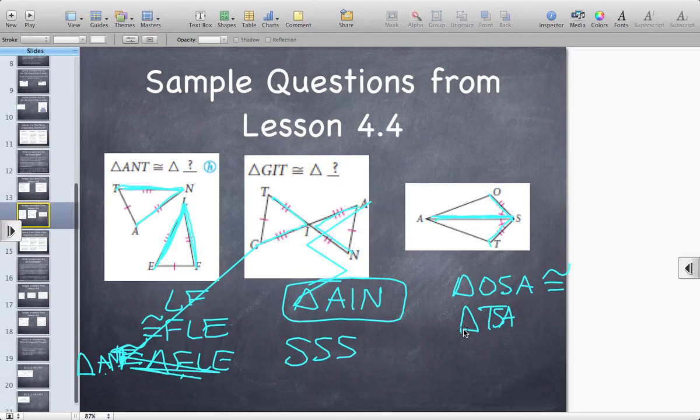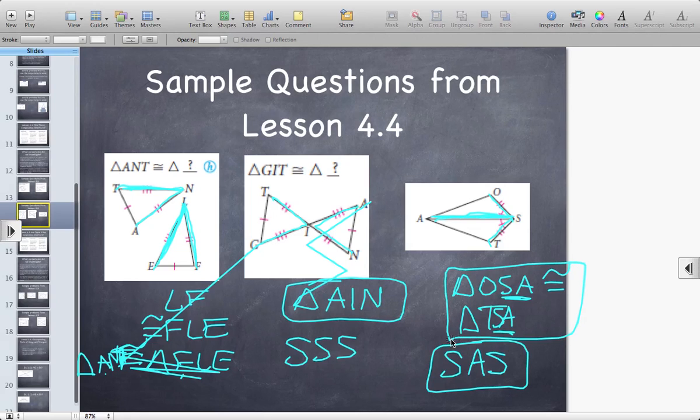And also, the side SA is congruent on both of them because it's a part of both triangles. So SA needed to end it up. So that's why we didn't say STA or anything like that. So now our congruent sides, OS congruent to TS and SA congruent to SA, those are showing us that these are the congruent triangles. And we're using side angle side to help us prove that.